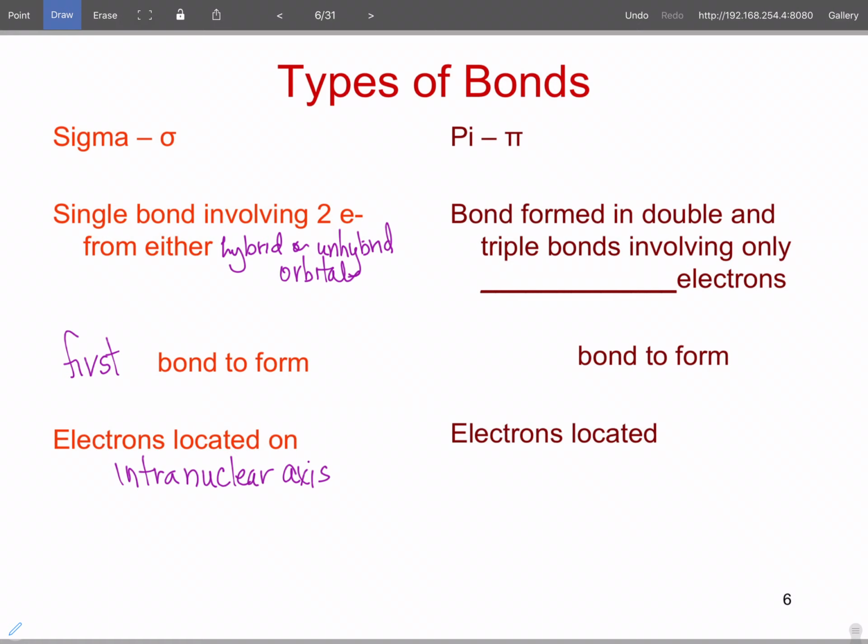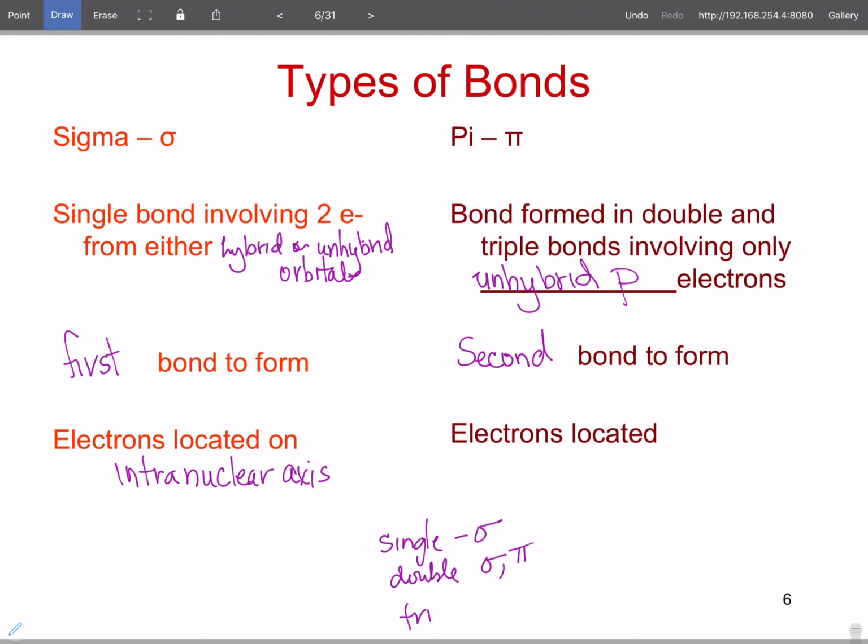Okay? The pi bond, on the other hand, is the bond formed in double and triple bonds involving only unhybridized p electrons. It is the second or third bond to form because a single bond is a sigma. A double bond is a sigma and a pi.